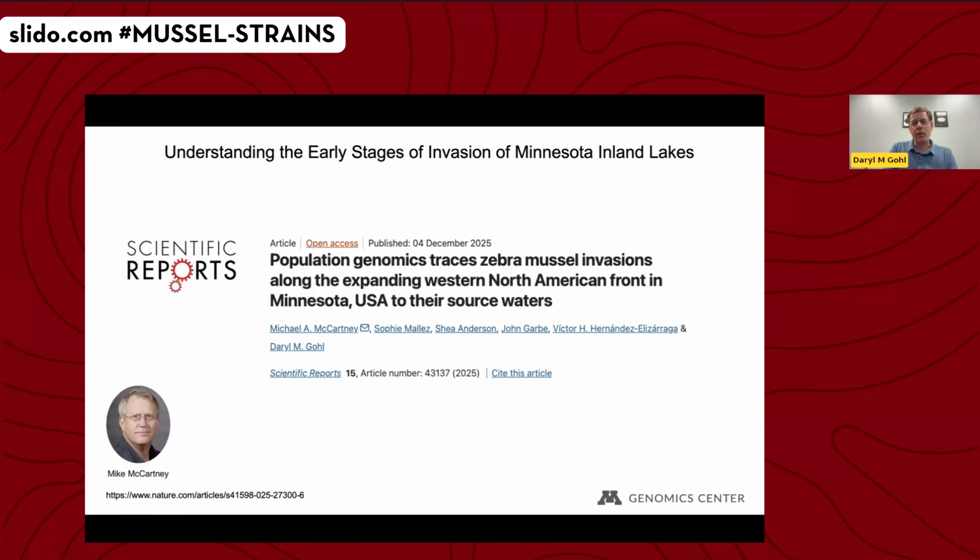The goal of the study was to look at the early stages of the zebra mussel invasion here in Minnesota and see if we could use these genetic markers to trace the mussels from specific lakes back to their source populations, in a very similar way to what Ancestry.com would do when they tell me that I have ancestry in Europe, in Germany, say.